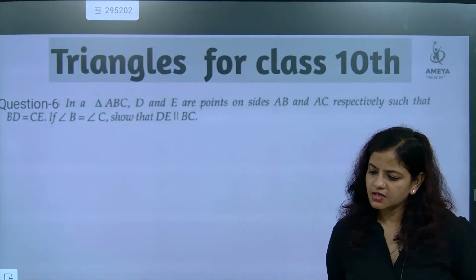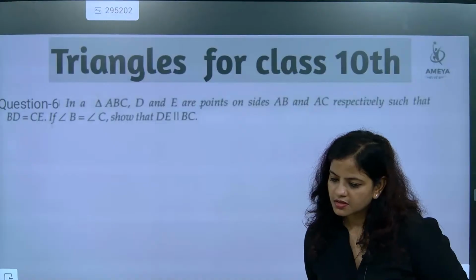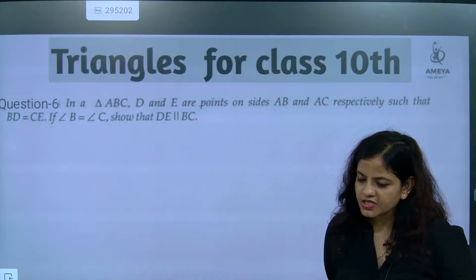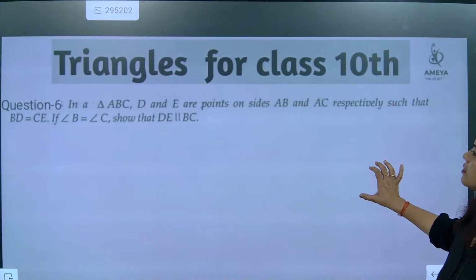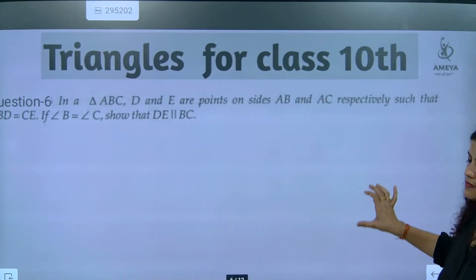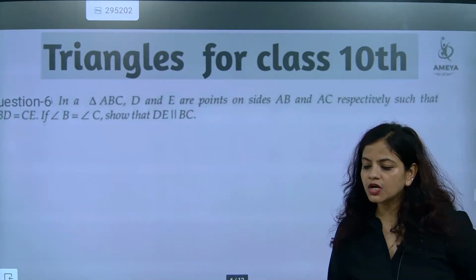Urvish. Tapaswini's screen is not visible. What happened? Come on, write down the question, please.